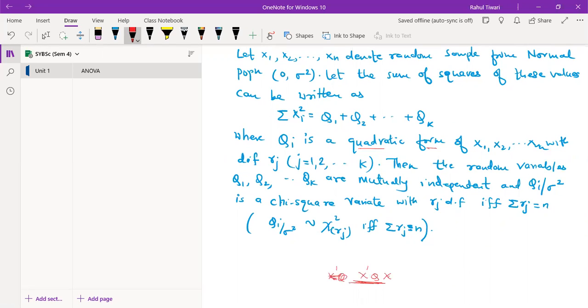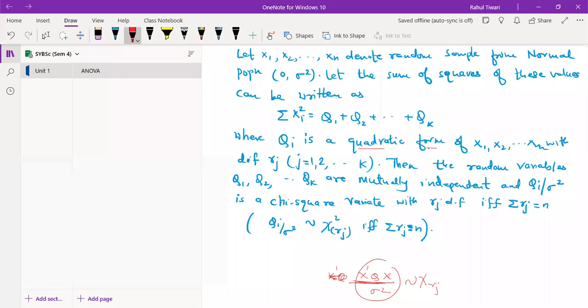And if this divided by sigma square follows chi-square with the respective degree of freedom, say Rj here, putting the condition that the sum of Rj should be equal to the number of observations, then the Cochran theorem satisfies all the conditions and you can perform Anova.